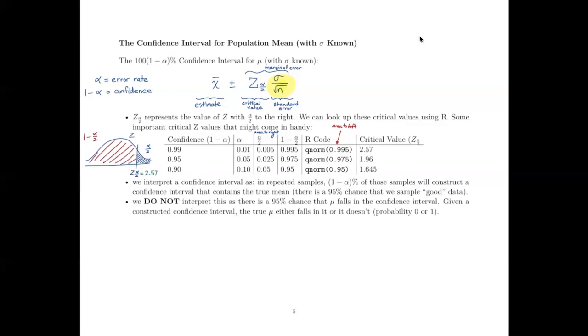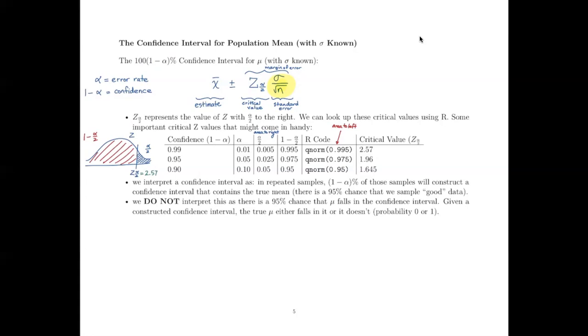Good. So just to clarify how we interpret these confidence intervals, because this can get a little bit confusing. Remember, the whole idea of a confidence interval was for repeated samples, right? We were going to go out and sample one group and then do it again and again and again. So let's say we're doing that 100 times. Every time we construct a confidence interval, it's going to be slightly different, right?